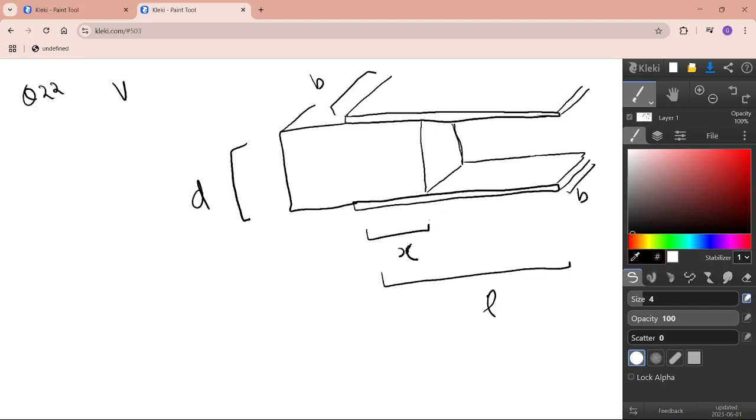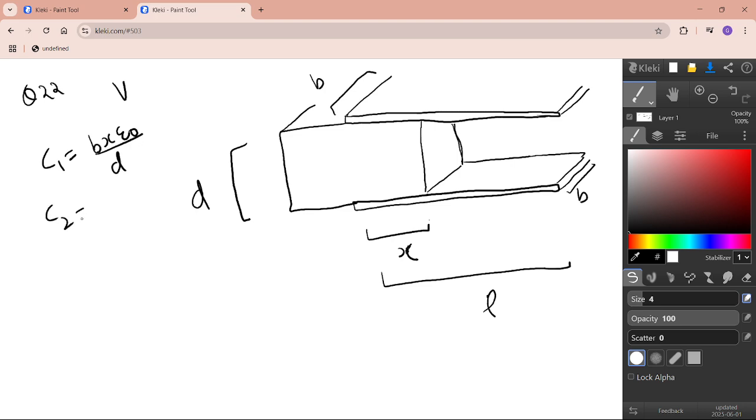So yeah, that's it. And let's calculate the capacitance. The first thing, this thing, we know it's A epsilon naught by d. We are assuming very large plates actually. So A here becomes b times x, b x epsilon naught by d.